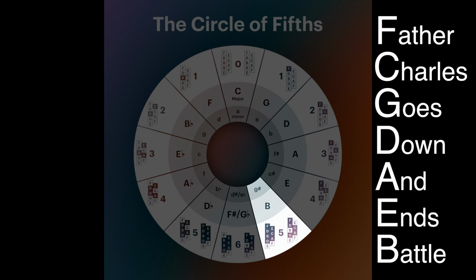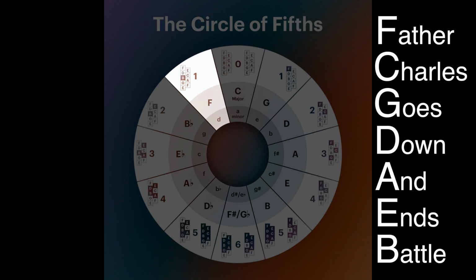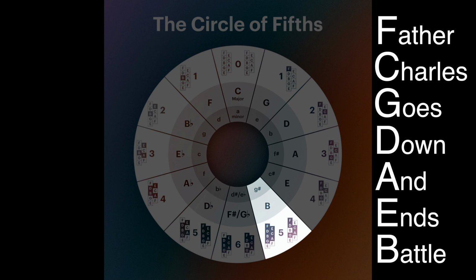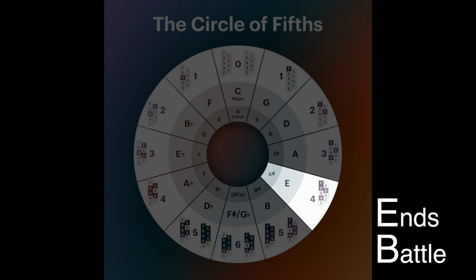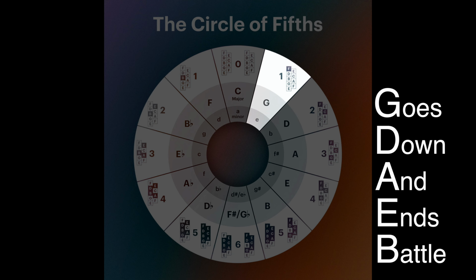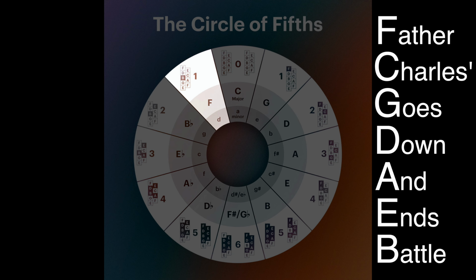And that's the way that I remember this. It takes you from the F all the way to the B. And the interesting thing with this is you can actually say this whole phrase backwards as well, which is battle ends and down goes Charles's father.